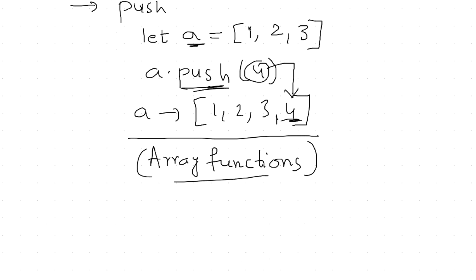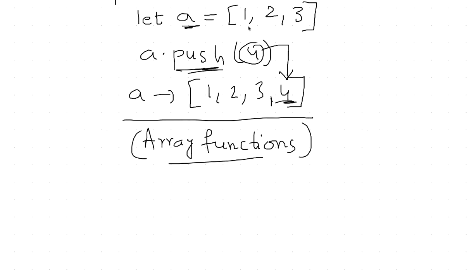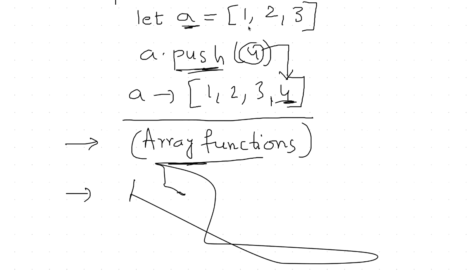So array functions are something that we need to go through, and also arrow functions. Arrow function is different. Arrow function just talks about the way you write a function.